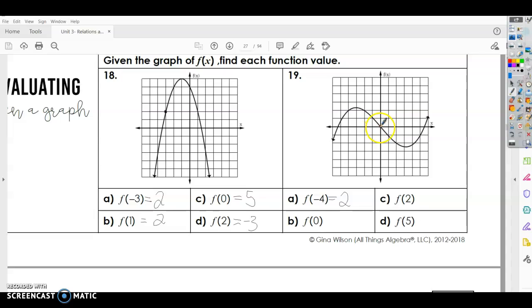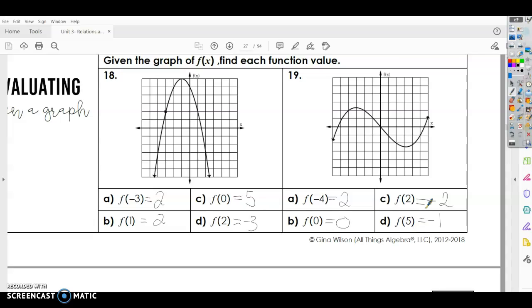When x is 0, y is also 0 because it goes to the origin. f of 2, 1, 2, down 1, 2, so -2. And f of 5, so 1, 2, 3, 4, 5. It goes down 1. So it equals -1.